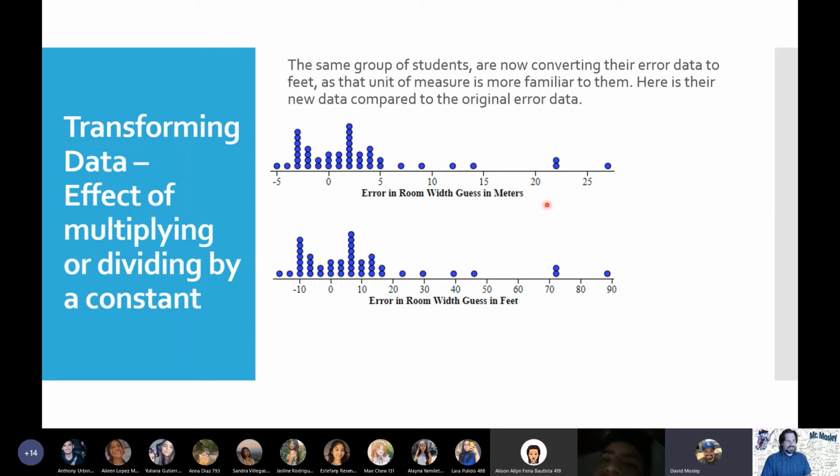And we see that the shape stayed the same. All right. What else stayed the same? Did anything else besides the shape stay the same?